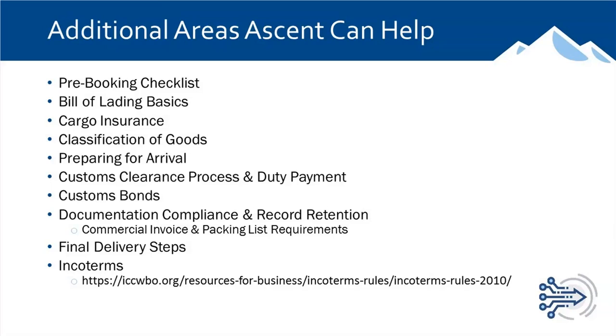Now, with classification of goods, also the customs clearance process and duty payment, and working with you to obtain a customs bond. We also have a documentation compliance and record retention program that we can walk you through and make sure that you're in compliance with U.S. Customs. And also the final delivery steps are very key, whether that's going to your facility specifically or to your end customer.